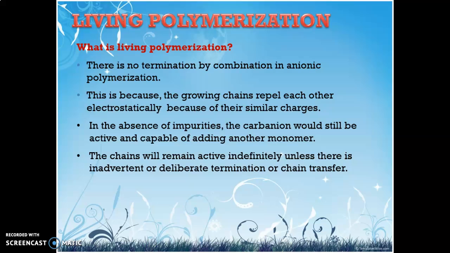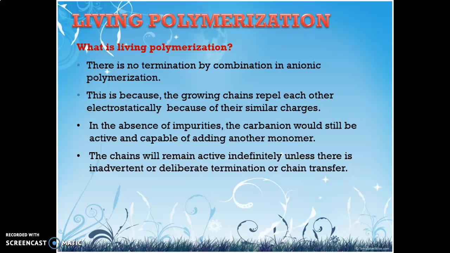Right. So what is living polymerization? There is no termination by combination in an ionic polymerization. So this is because the growing chains repel each other electrostatically because of their similar charge. It must be conducted in a carefully controlled system which is pure reactant and inert solvent. So in the absence of impurities, the carbanion will still be active and capable of adding another monomer.